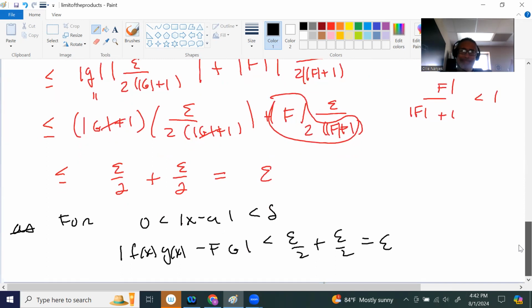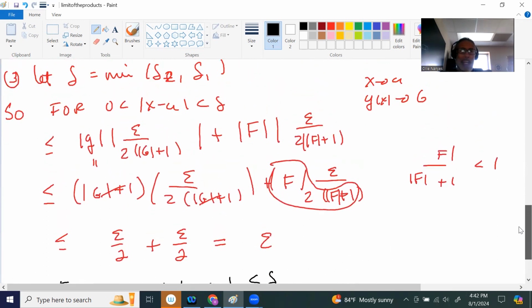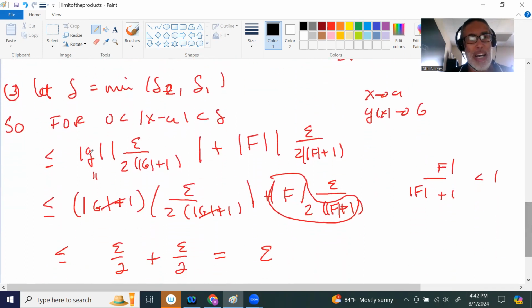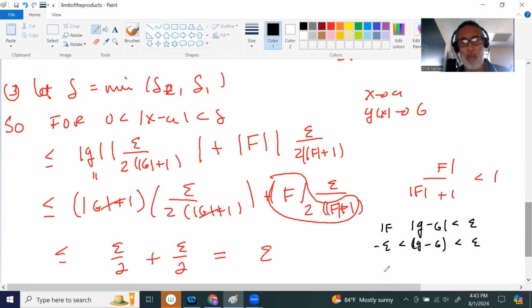Now you could have just written this down and ground through the inequalities and you would be done. But I guess I should say one other thing that maybe I wasn't too clear on. How did I know this right here? Well, remember, let's say absolute value of g of x minus big G is less than epsilon, then this means that, like so.